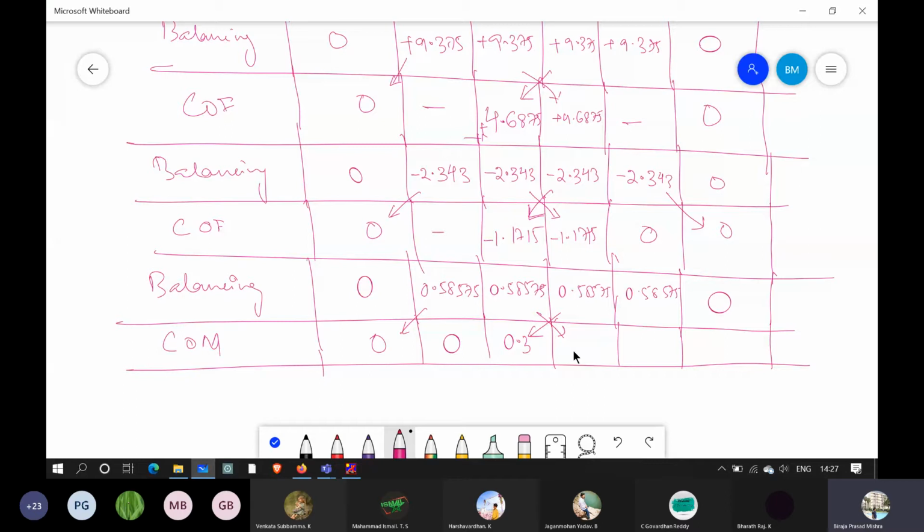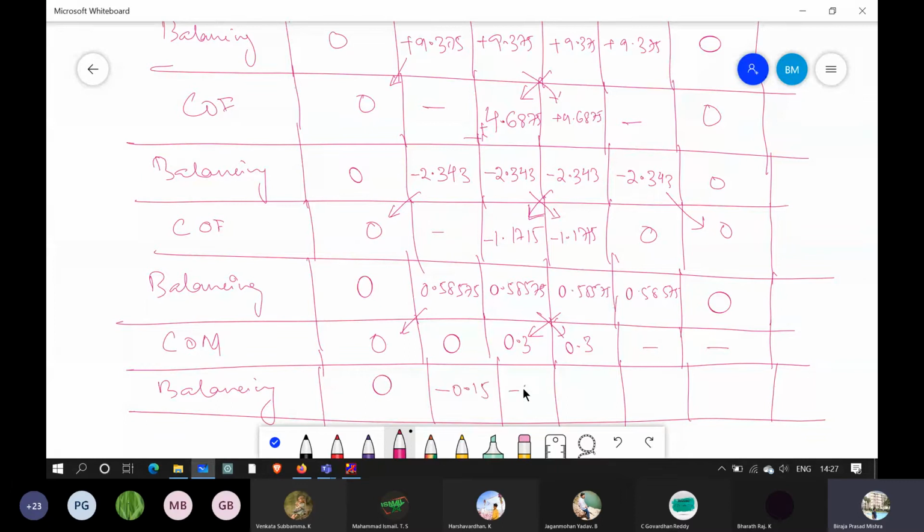Now again, if we do the balancing, this will be 0, this will be minus 0.15, minus 0.15, minus 0.15, minus 0.15, and this will be 0.